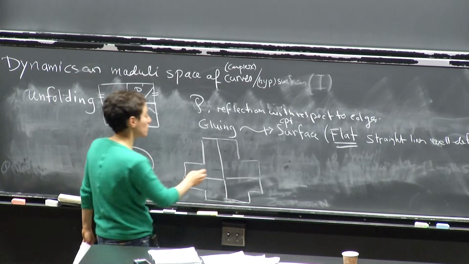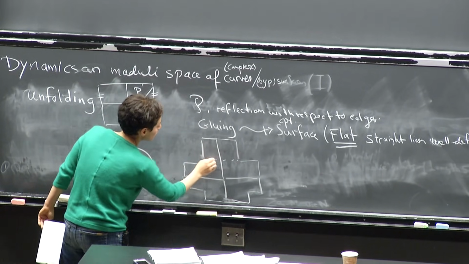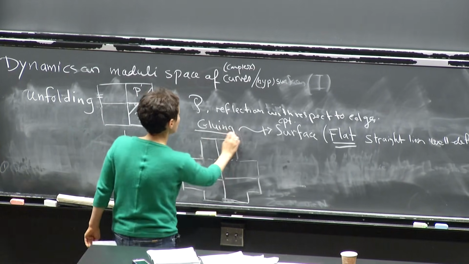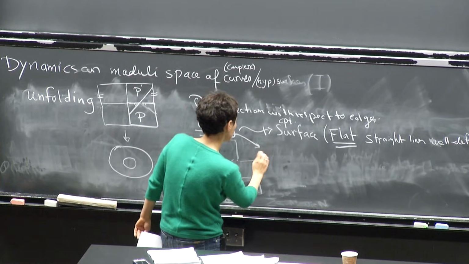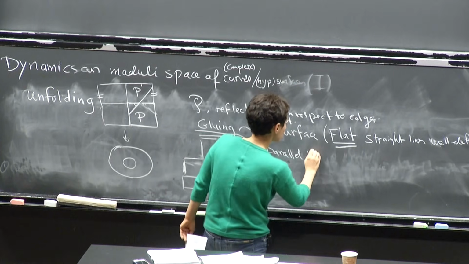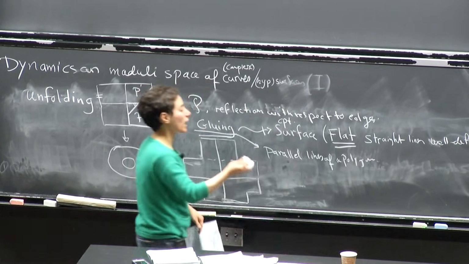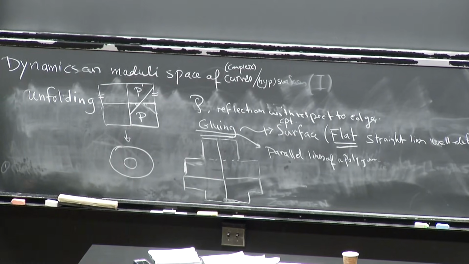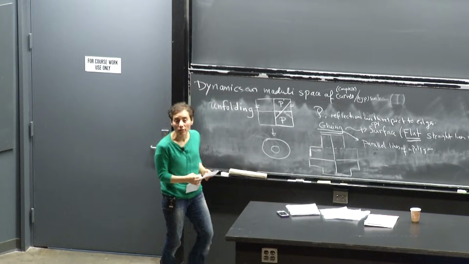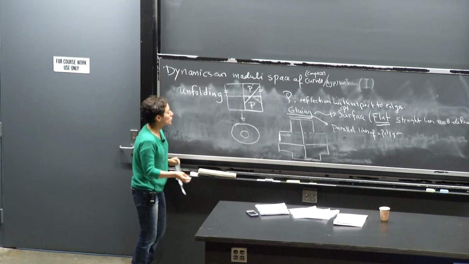You have to do it slightly more carefully, but you can use the gluing that will glue parallel lines of a polygon. So this is very similar to the case of having a 2n-gon which is regular, and gluing the parallel edges of the polygon to get a surface. Okay, so that's what you get.